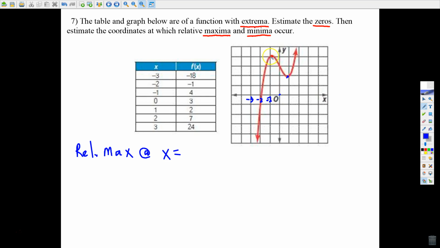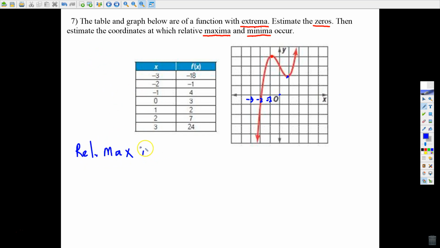We could tell exactly where they hit a grid mark. But in this case, you're actually doing the estimate just like we did with the zeros in our example. So if you were to say x equals -1, I wouldn't say that's terrible. I wouldn't mark it wrong, but I'm going to have you do this on this particular problem.